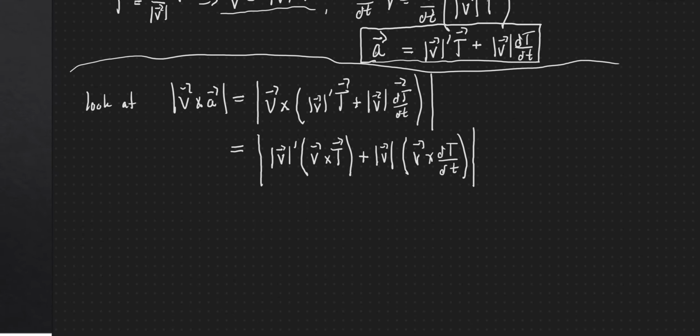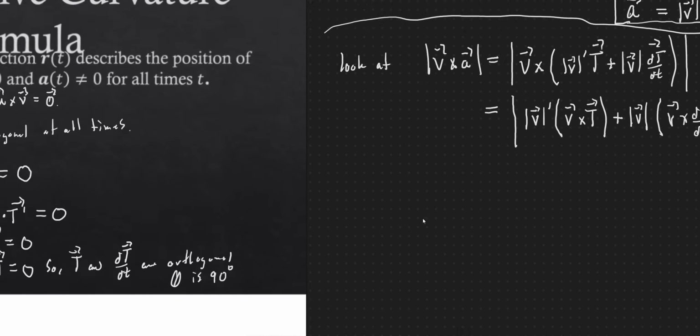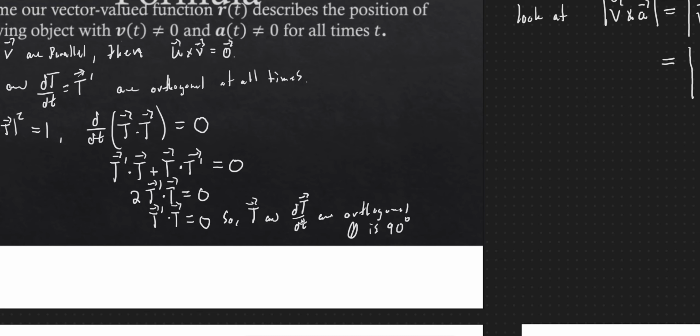Let's see, where can we go from here? Well, I want to remember those preliminary things we did, that T and dT/dt, so T prime, are orthogonal to each other.